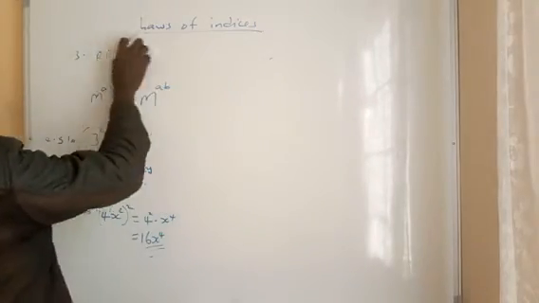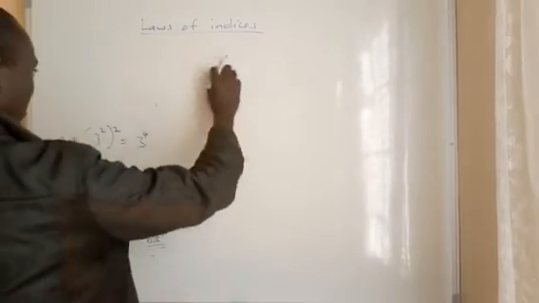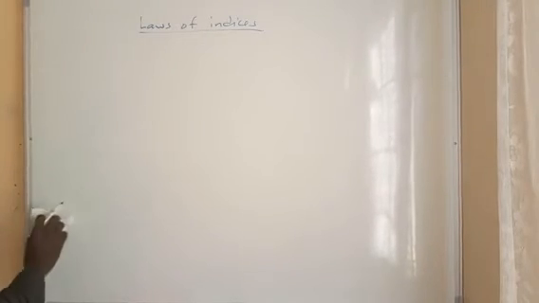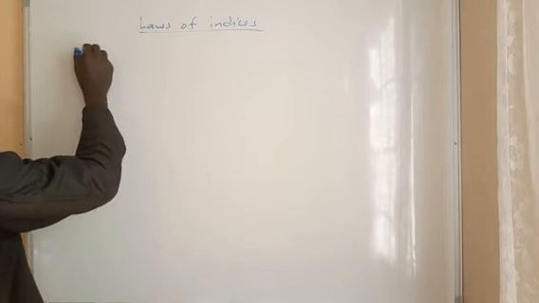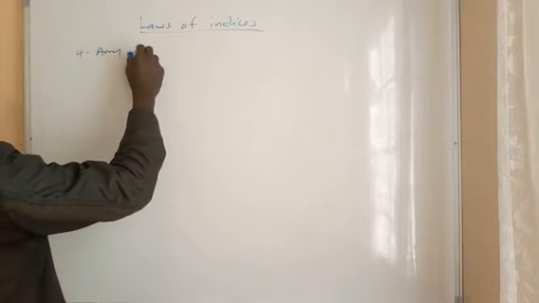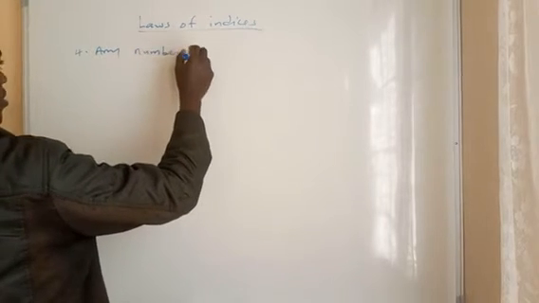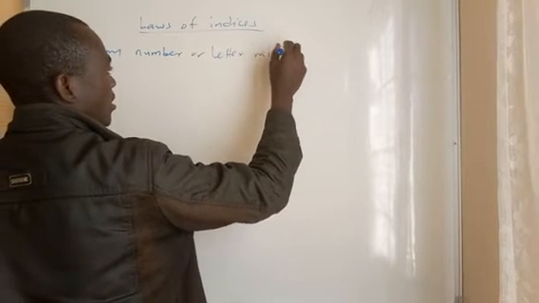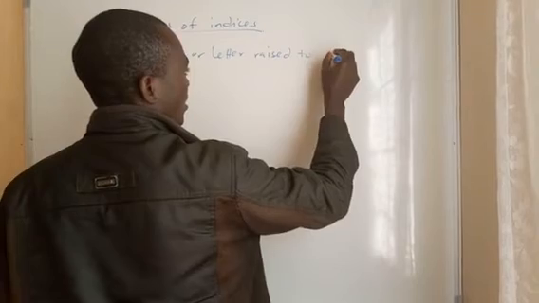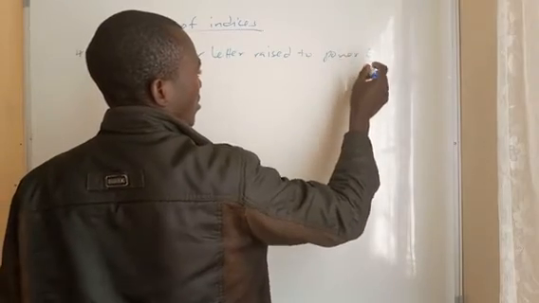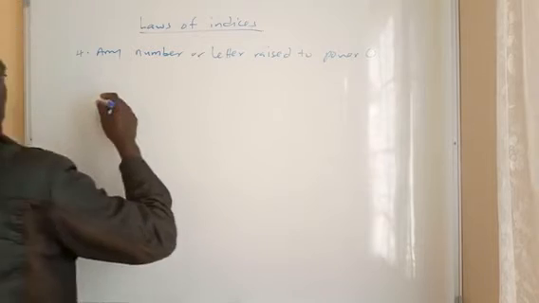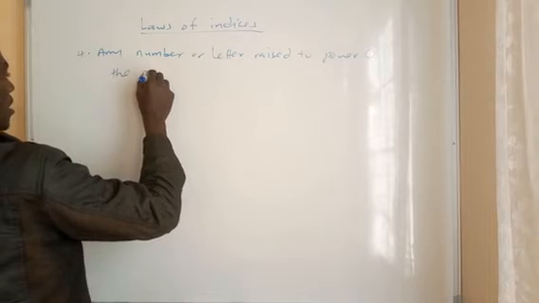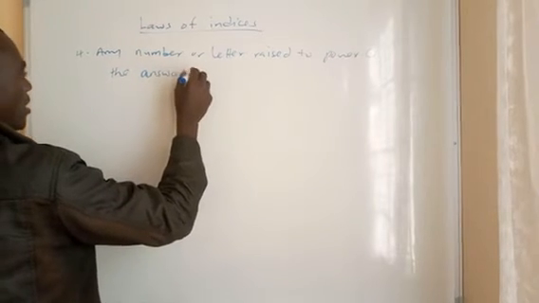Lastly, the other law of indices says that if we have this, law number 4, any number or letter raised to power 0, or index 0, the answer is 1.